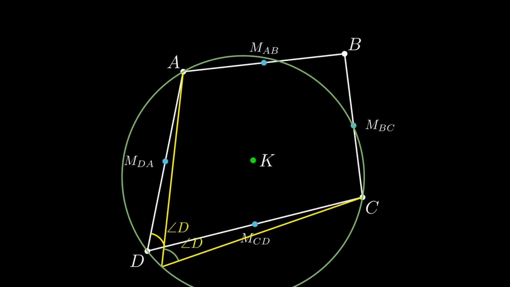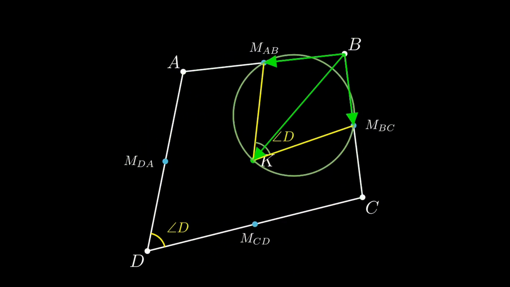Scaling this circle with 0.5 scale factor about B would mean that the smaller circle passes through the point K, proving the desired result. Similar analysis for the other small circle yields the required result. Thus our to-prove statement is changed to angle MAB, KMBC equals angle D.